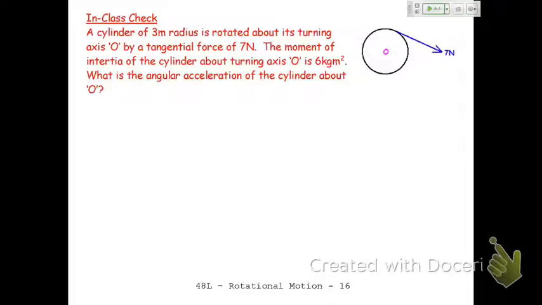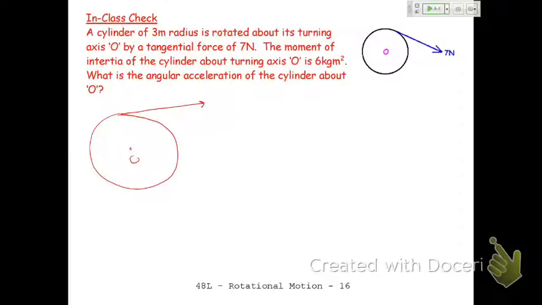So let's play with this. We say a cylinder of radius 3 meters is rotated about a turning axis O by a tangential force of 7 newtons. Moment of inertia is 6 kilogram meter squared. What is the angular acceleration? So we like to have questions where we have pieces of string wrapped around the outside of a circle because it means that, without telling you, it's tangential.